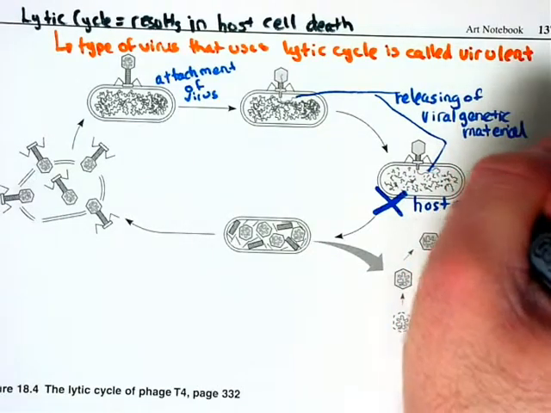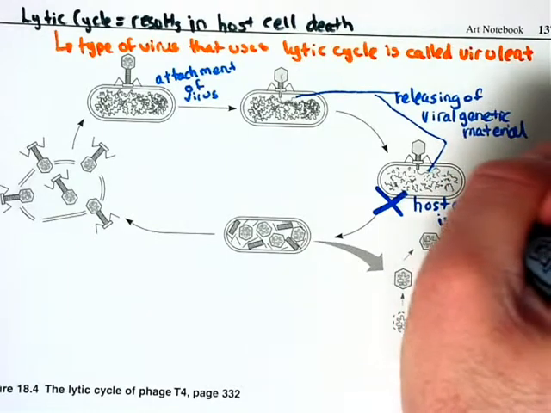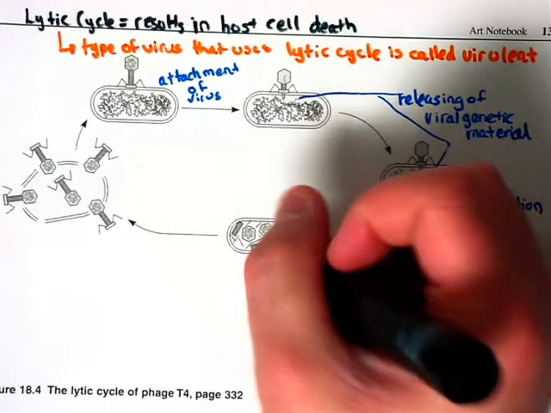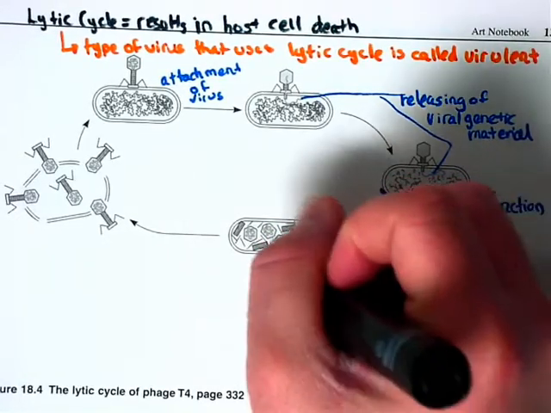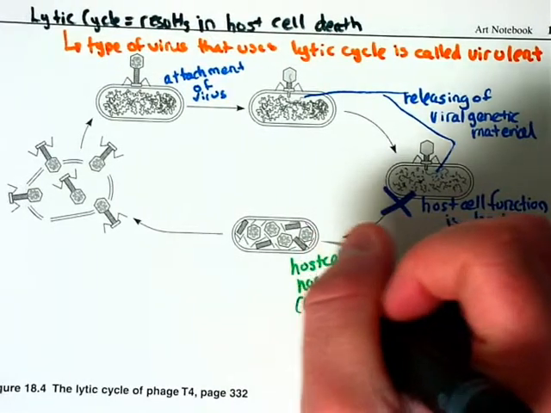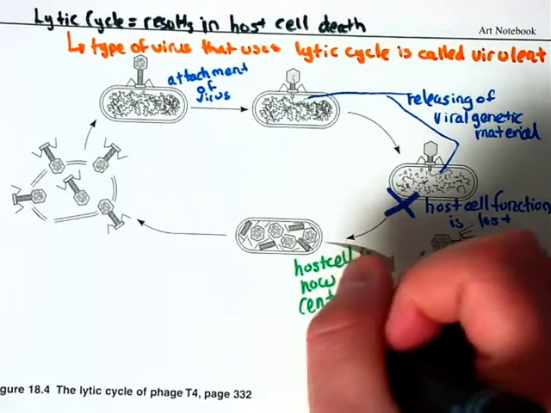The cell function is lost. And its new function becomes to just be making new phages, making new viral particles. So with this new function, this host cell is now a center of viral production.